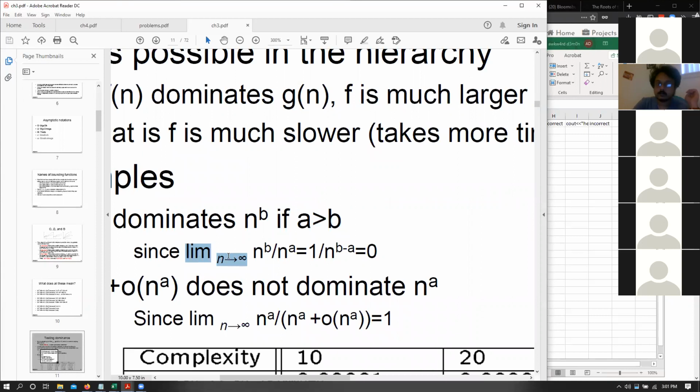We have this limit where the limit as n tends to infinity of n to the B divided by n to the A tends to 0, because n to the A is going to be much, much larger than n to the B. Because A is larger than B, we can also divide both sides by n to the power of A, that becomes 1 divided by n to the power of A minus B. And since B is smaller, this limit tends to 0. Right? Okay.